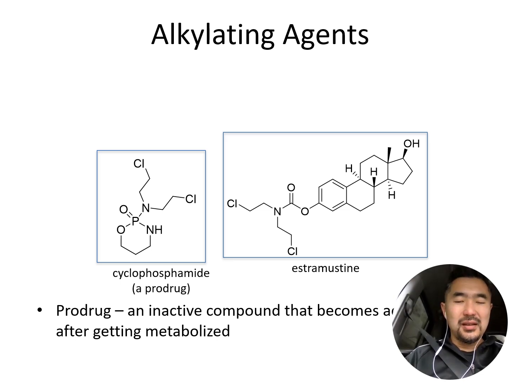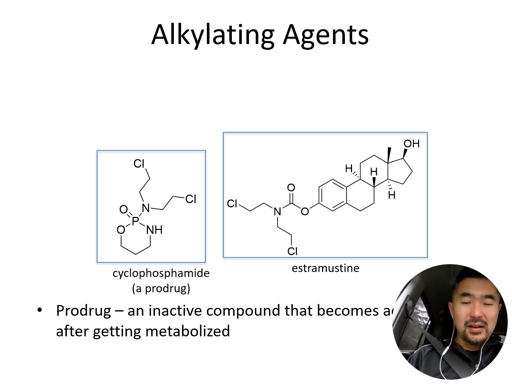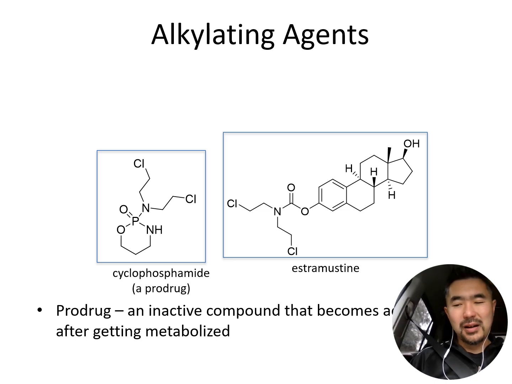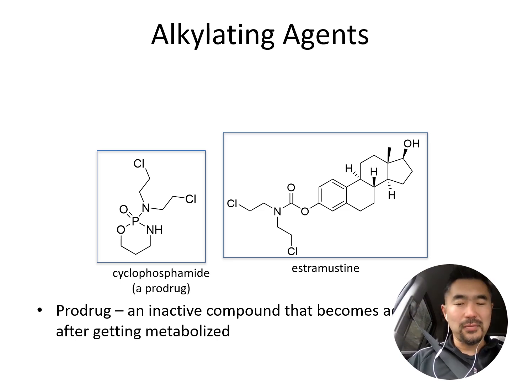And so today, here's an example of some fairly commonly prescribed nitrogen mustard agents, especially cyclophosphamide, which is a really well prescribed drug. I bet you probably know some relative who's been prescribed this chemotherapy somewhere.